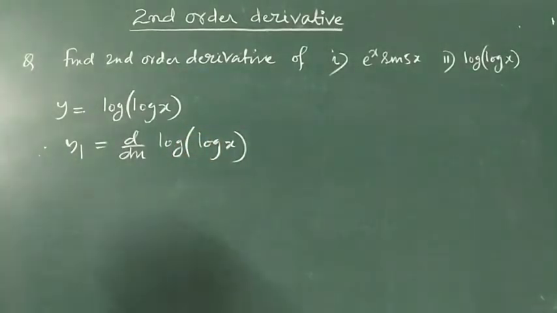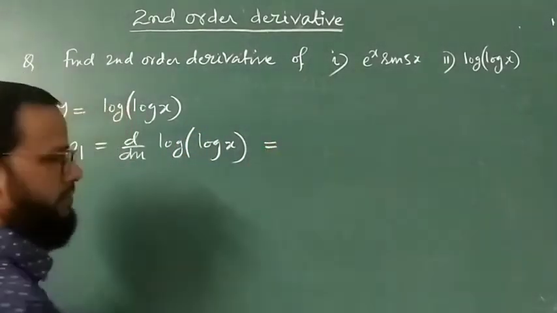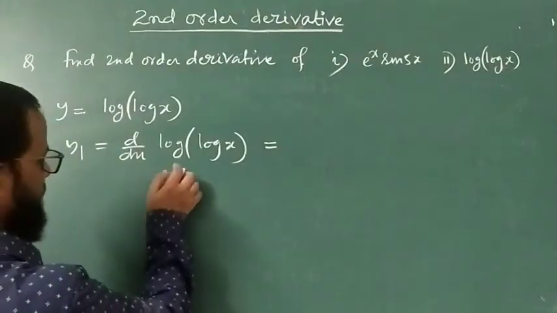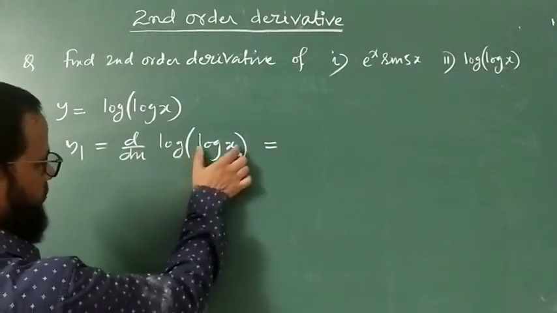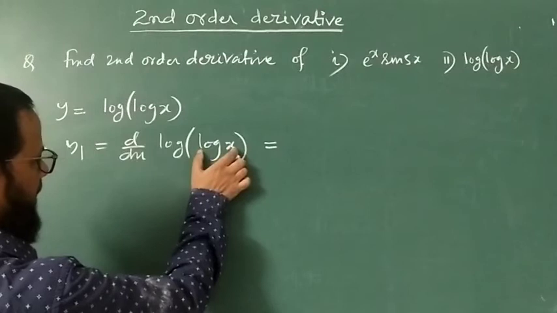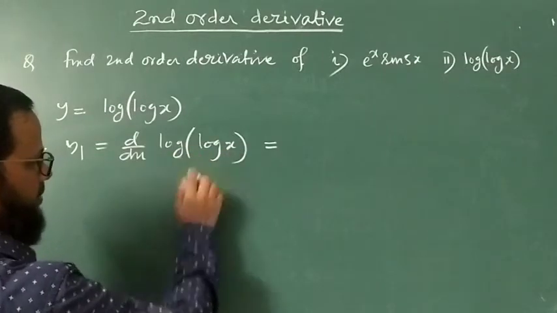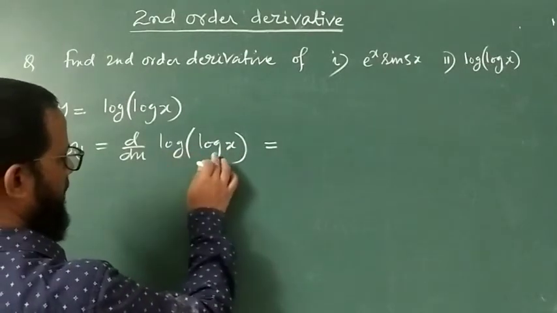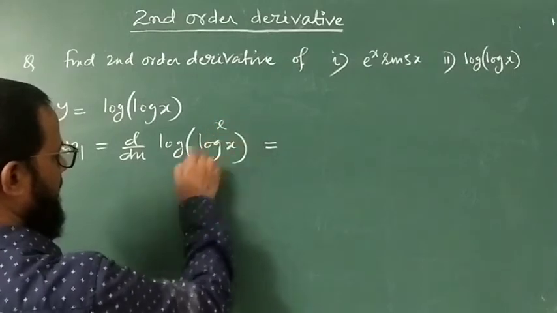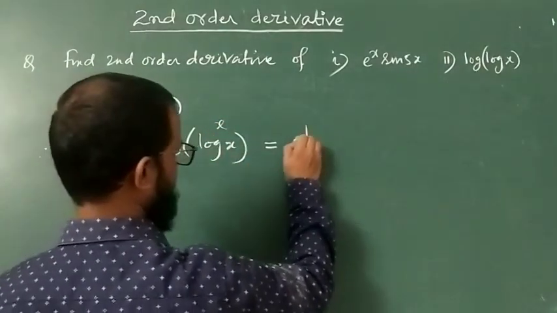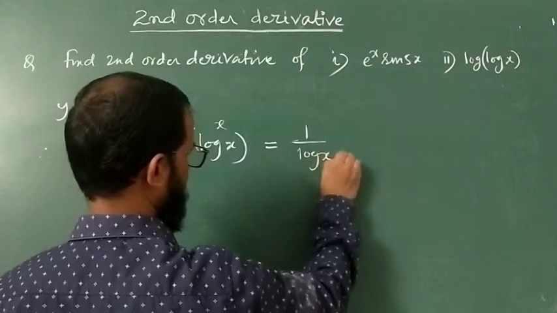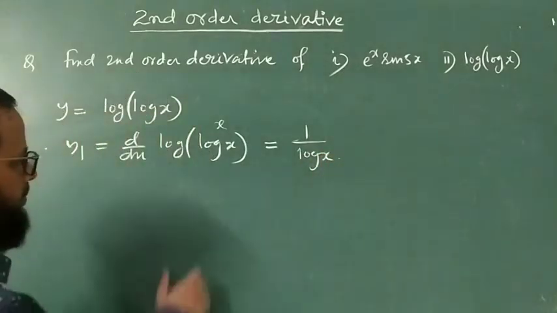Okay, if you take the derivative here you are going to use the chain rule. First, for the function inside the log, consider it as x, then it will be log x. In the standard derivative, d/dx of log x, this will be x, right? So the derivative of log x is 1/x, meaning 1/log x will be there. But this log x and this x are different, so take its derivative also, into d/dx of log x.